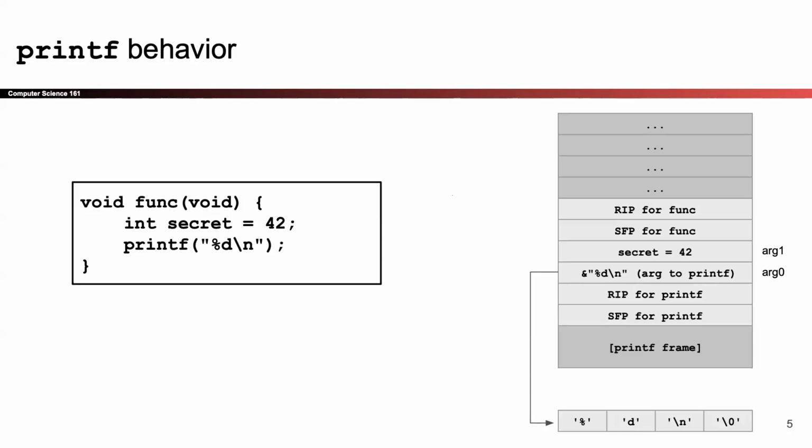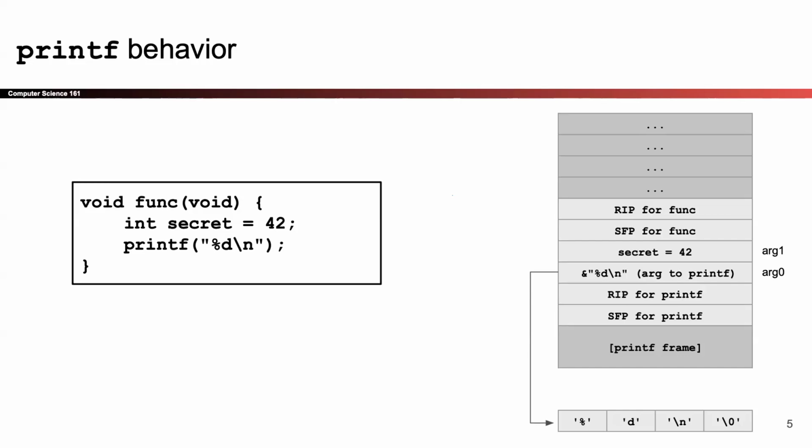What would happen if we called printf like this, but we forgot to pass the argument? Printf, it turns out, has no way of knowing. It reads the %d and it says, oh, there must be one other argument. Let me look above where the format specifier is stored and assume that's the argument and treat it as the argument. But in this case, there was no other argument.